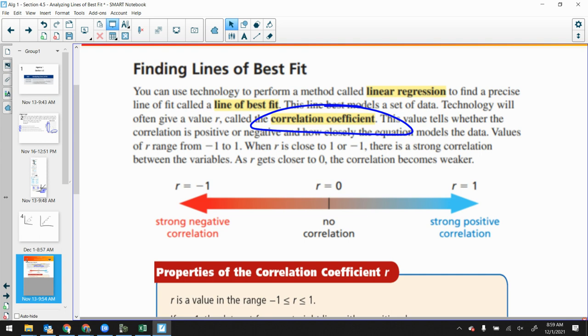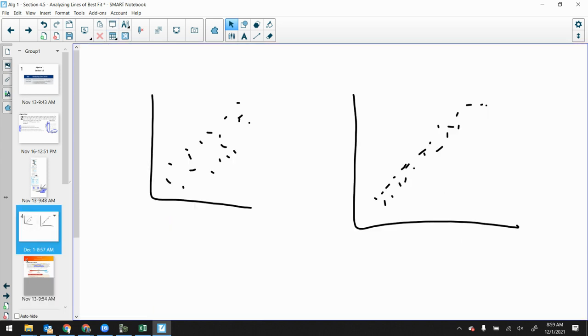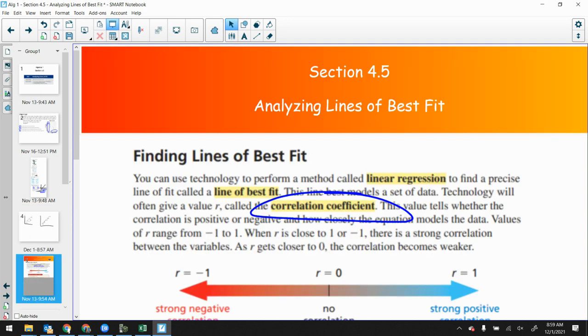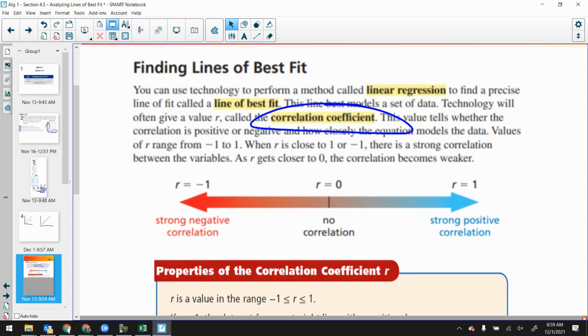So, in terms of the diagram that I drew on the board here, this second scatter plot would have a stronger R value, which means it's closer to 1.